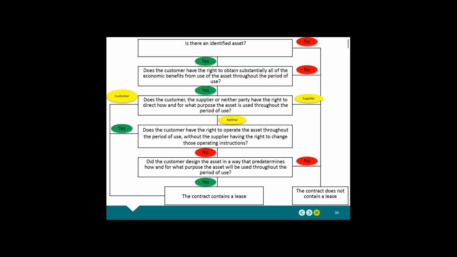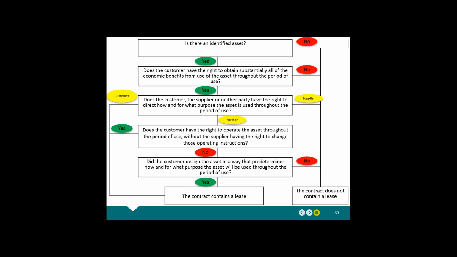If I say no, there's yet another question. Did the customer design the asset in a way that predetermines how and for what purpose the asset will be used throughout the period of use? If you say no, it's still all about the supplier. It's not a lease. If it's driven by the customer, we've got a lease.